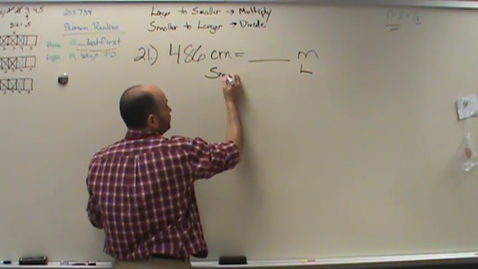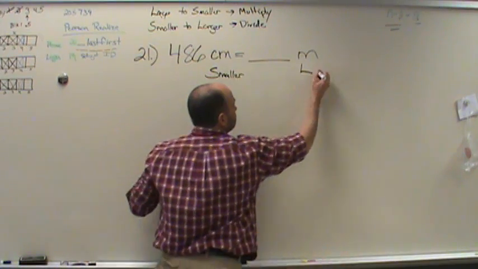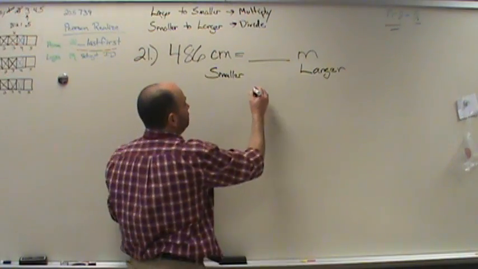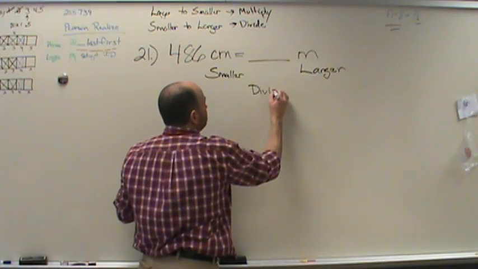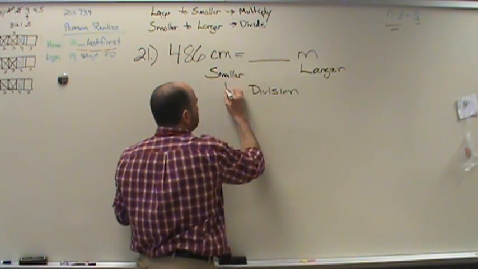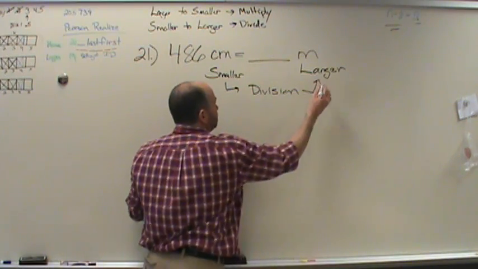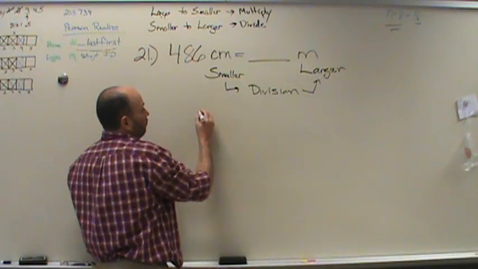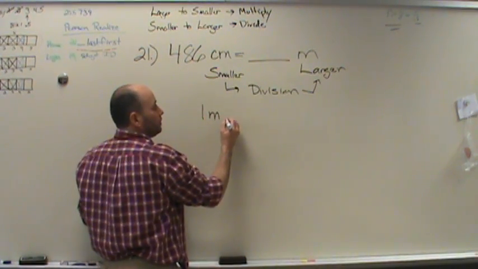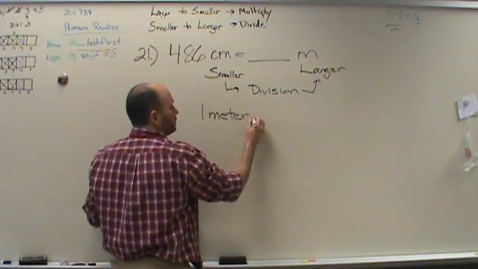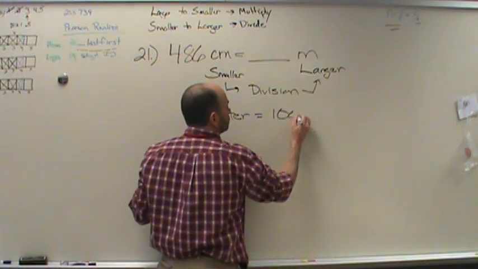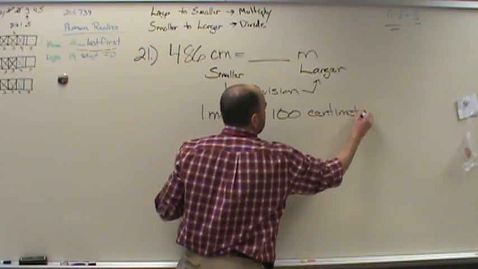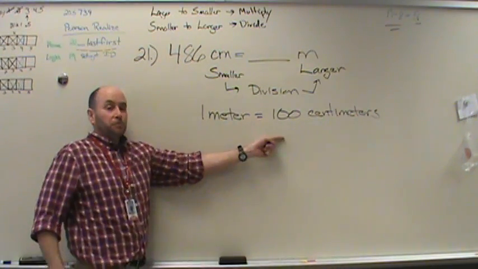So when you go from smaller to larger, you're going to use the operation of division. So smaller to larger, you divide. In this situation, we know that 1 meter is going to equal 100 centimeters.